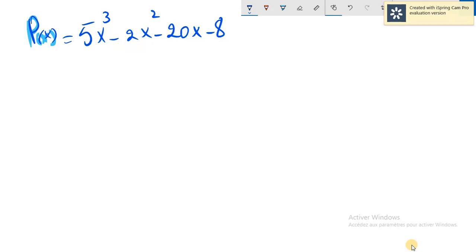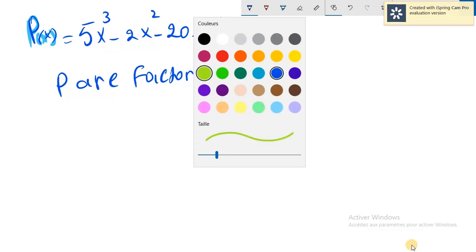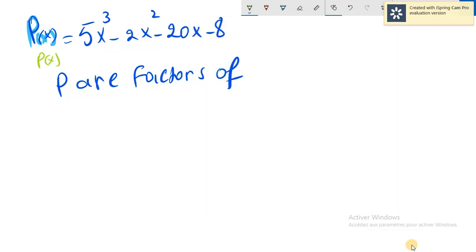So here, p are factors of, if you write the general form of the polynomial function, I'll be writing here quickly, very small, ax^n plus bx^(n-1) plus cx^(n-2) plus, until the end, d.